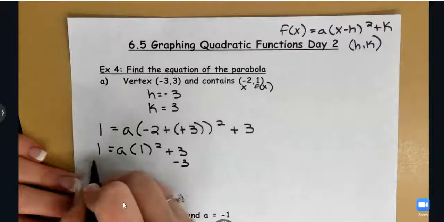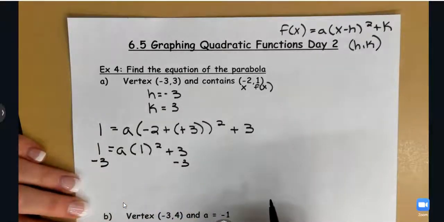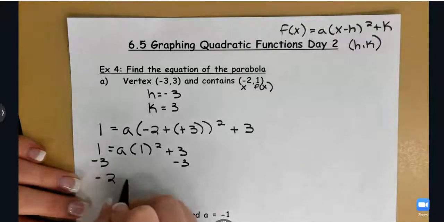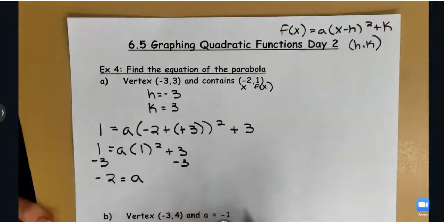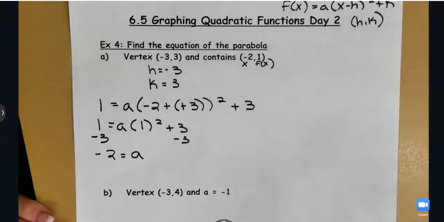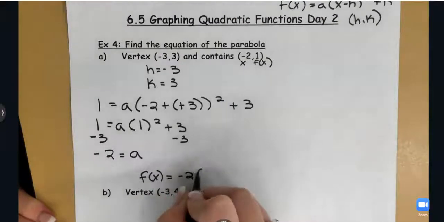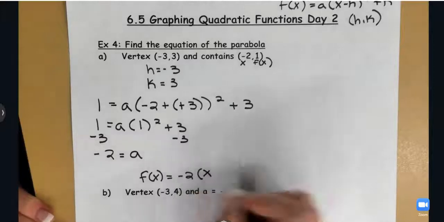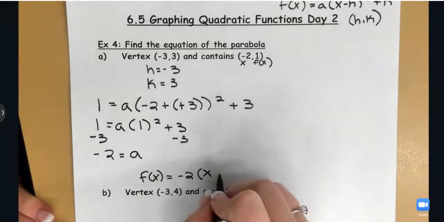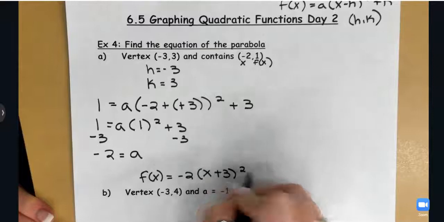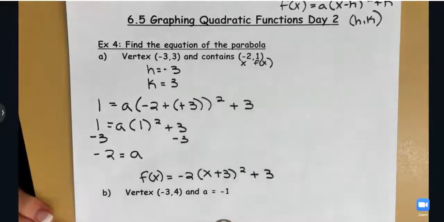And I'm going to go ahead and move this 3 to the other side. So we're going to get that -2 is equal to a. So if a is -2, the equation of our parabola is going to be f of x is equal to -2 times x, and remember, because h is -3, that's going to be (x plus 3) squared plus 3.